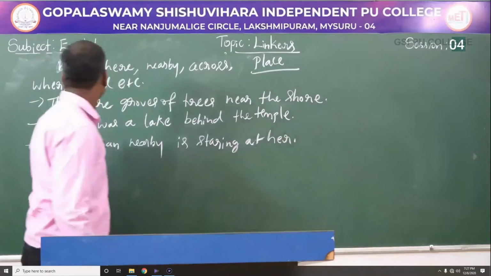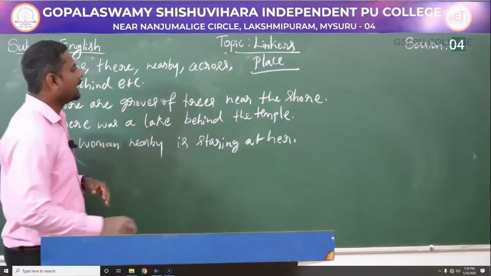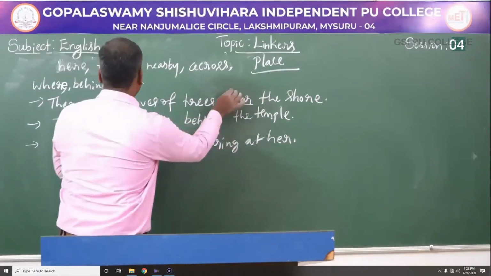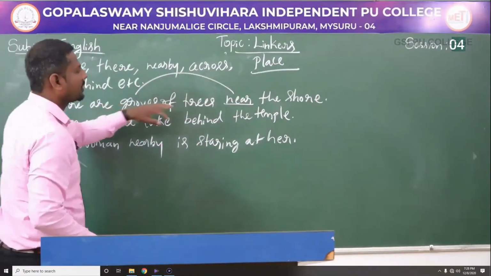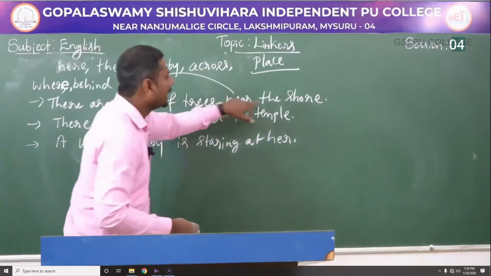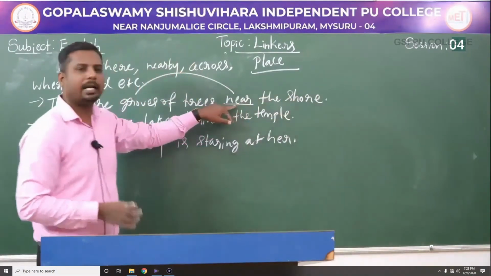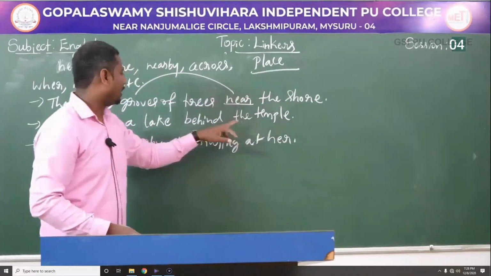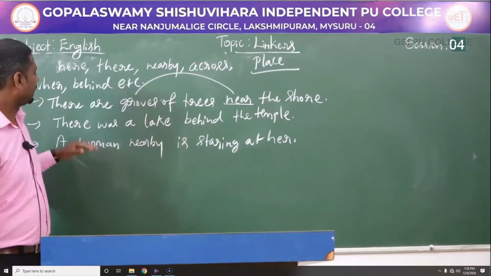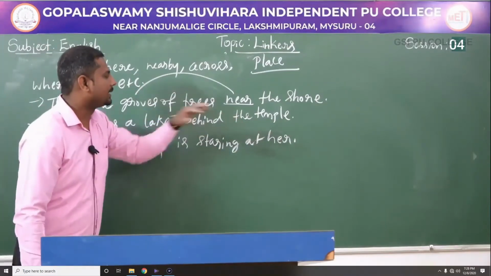In the first sentence, the linker near shows the position of the groves of trees, where it is situated. It is situated near the shore. So here it shows the place of the groves of trees. In the second sentence, there was a lake behind the temple.